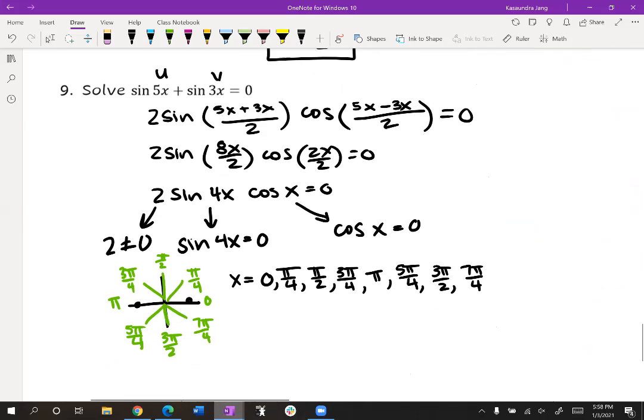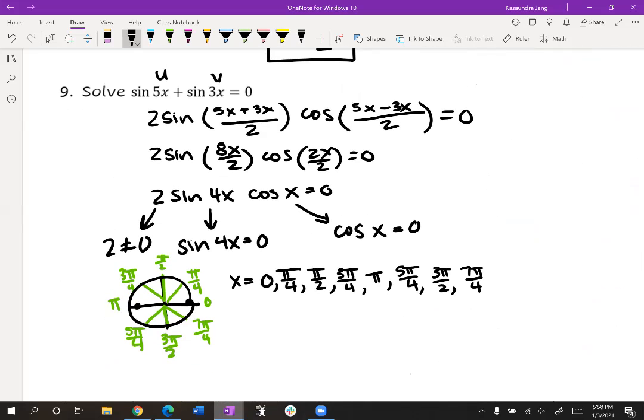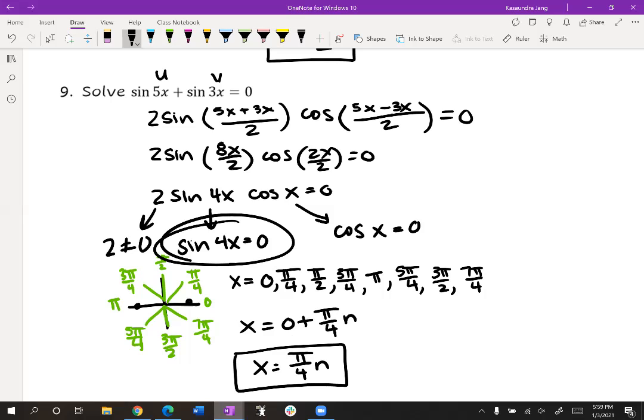These answers that I have right here, those were within one rotation. I didn't see them write anything about 0 to 2 pi though. I didn't see just a single rotation. So this looks like a 0 plus, I'm adding pi fourths any number of times, so pi fourths times n. I really don't need to put plus 0, so I'll just put x equals pi fourths times n. Okay, so these are the solutions to this first equation.